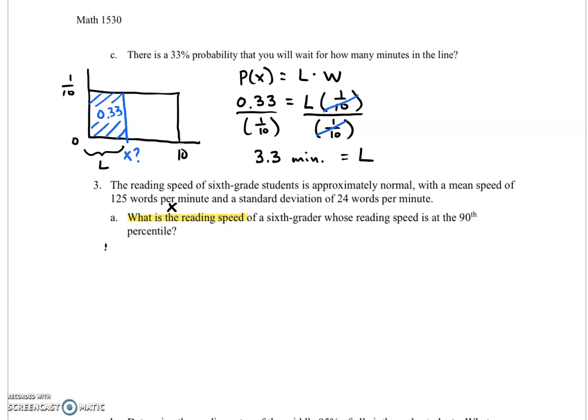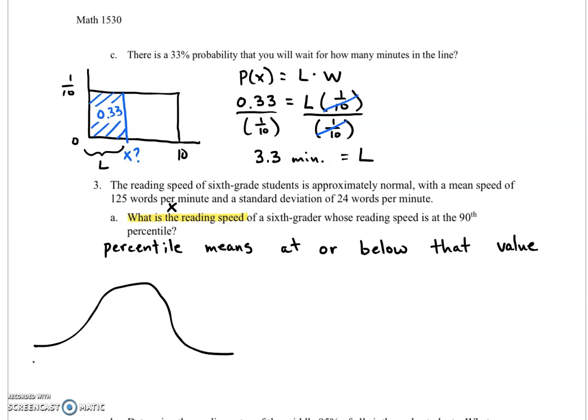Remember, percentile means at or below that value. So if it's asking us to find the percentile, the x value that is the 90th percentile, we know we have a mean of 125.